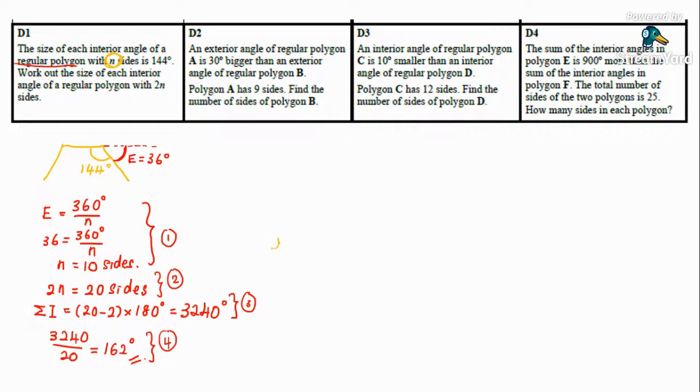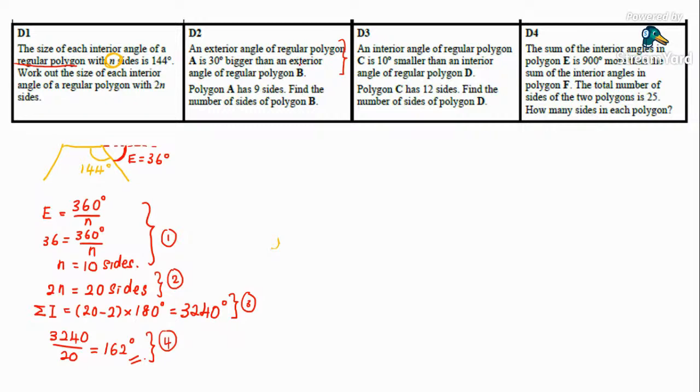Right, so for the questions behind here, D2. An exterior angle of a regular polygon A is 30 degrees bigger than the exterior angle of polygon B. What we do is draw this part first.